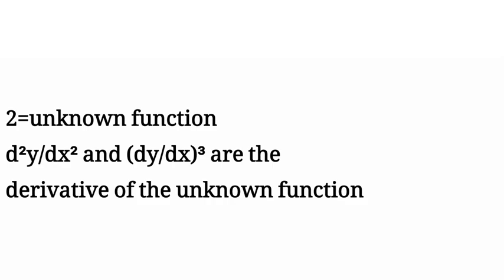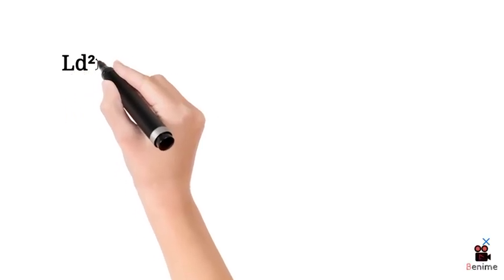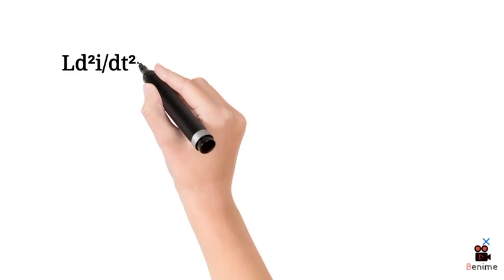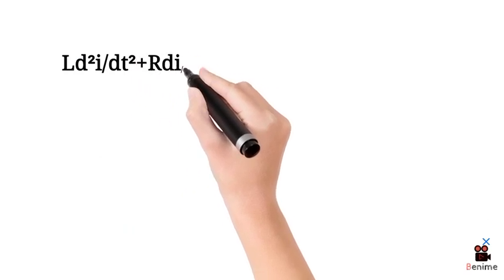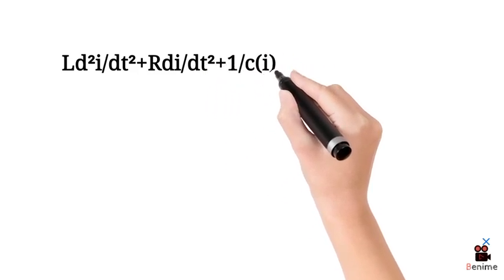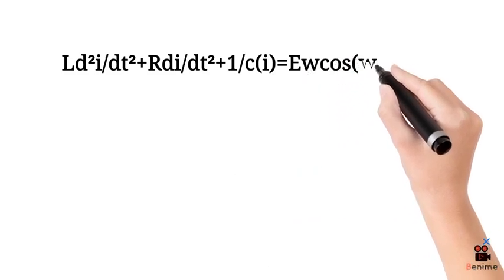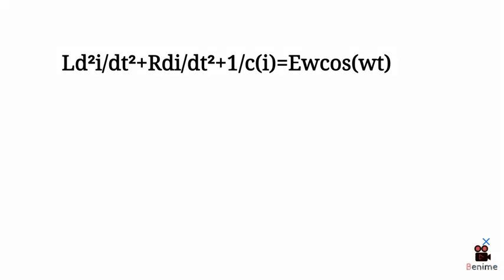We can also have other ones. Here we have L d squared I/dt squared plus R dI/dt plus (1/C) I equal to E0 omega cos omega t.